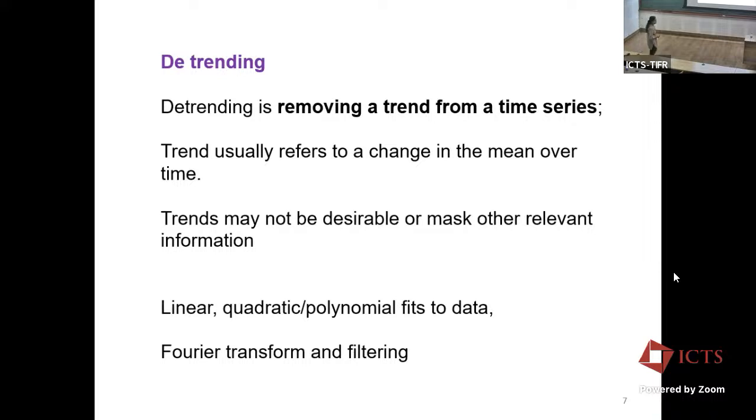But sometimes the trend can be periodic also, especially for seasonal effects or climate data. We have a very strong annual periodicity and seasonal periodicities. So there, what you do is you take the Fourier transform and look at the major peaks there and use them to filter those strong peaks. Then you get data which is filtered, which is detrended for all periodicities.